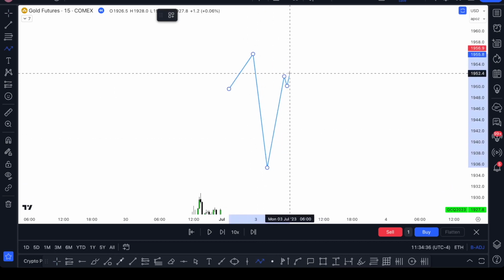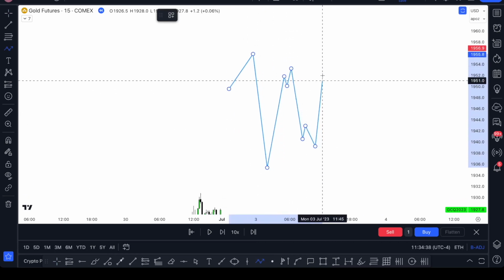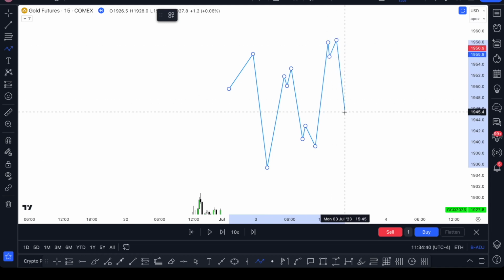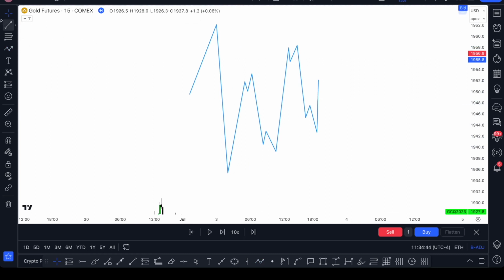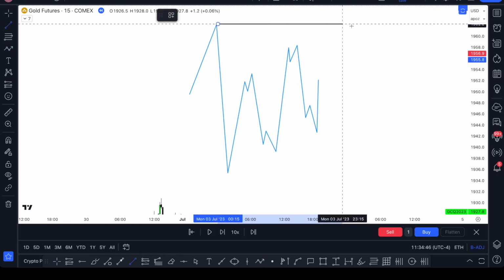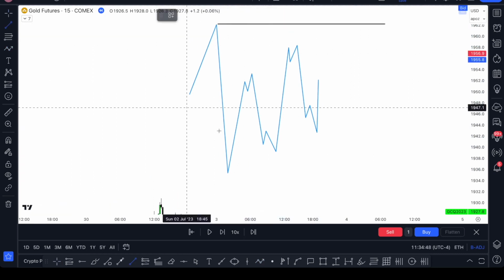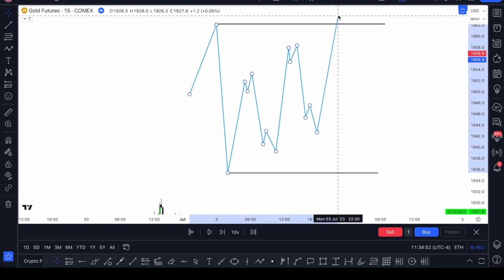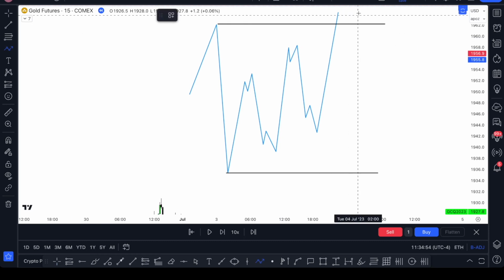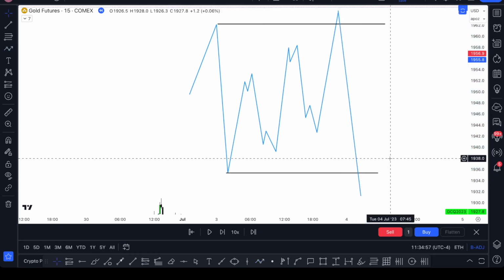So this is a high liquidity dealing range high, and there's a high liquidity dealing range low. When price takes out the high, you are expecting price to drop down to the low.